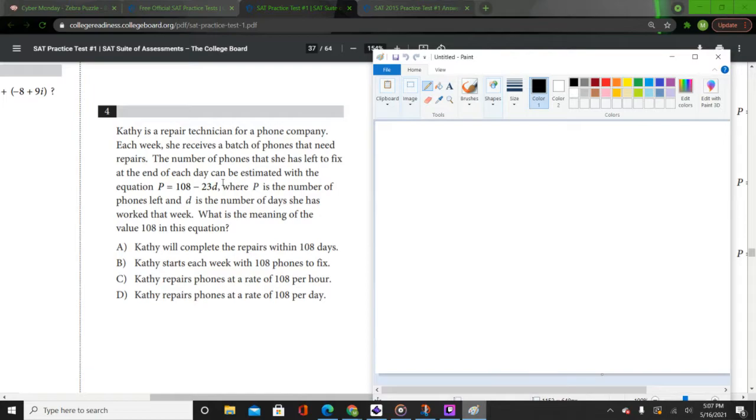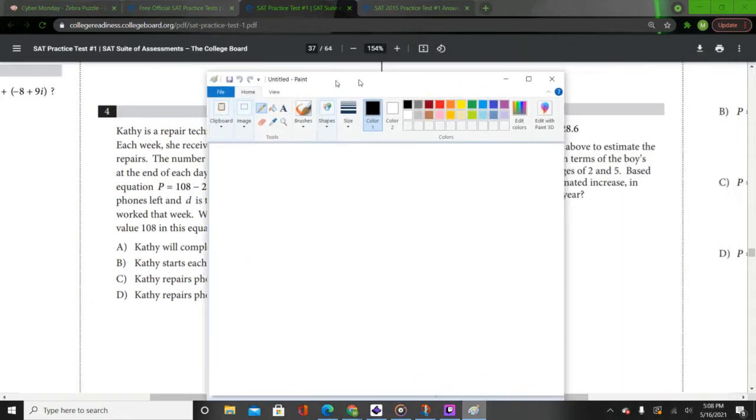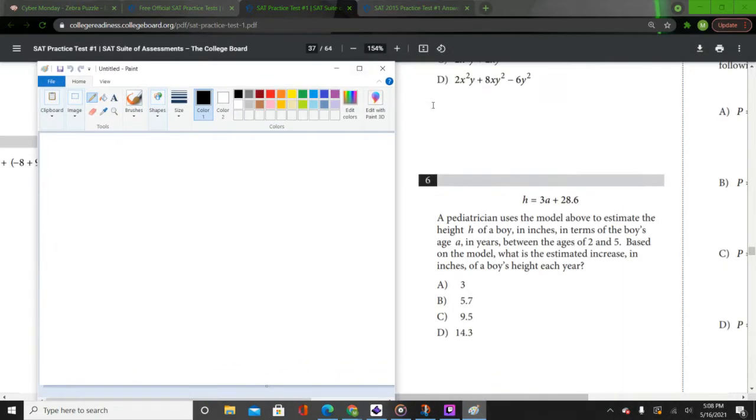However, Kathy has work to do on those phones. So by that logic, considering P is the number of phones left, and if Kathy has worked 0 days, P is equal to 108, and 108 would then equal the number of phones left, and Kathy has done 0 work on the phones, we can assume that 108 is the phones to start at each week to fix. So B, which either way you want to tackle it, is correct, and we'll move on to 5.